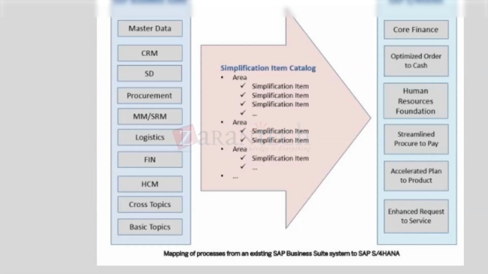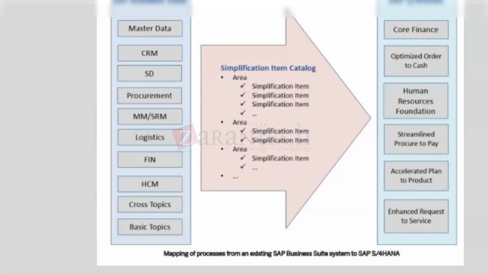SAP software has more than 65% of the market share in the ERP segment. And their latest product, popular these days, is S4 HANA. It's an ERP software of SAP.